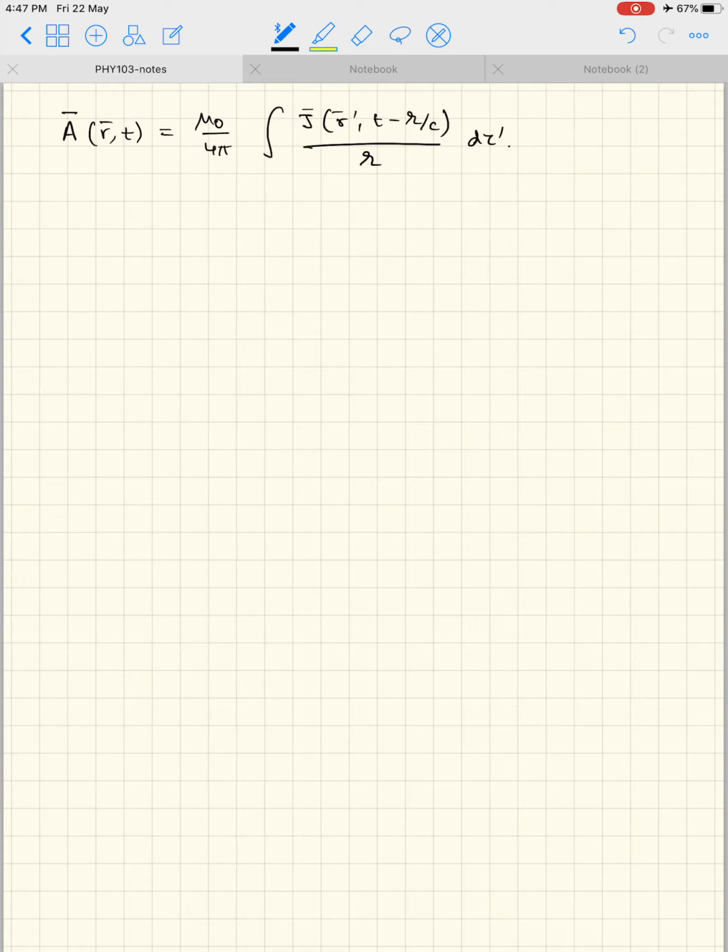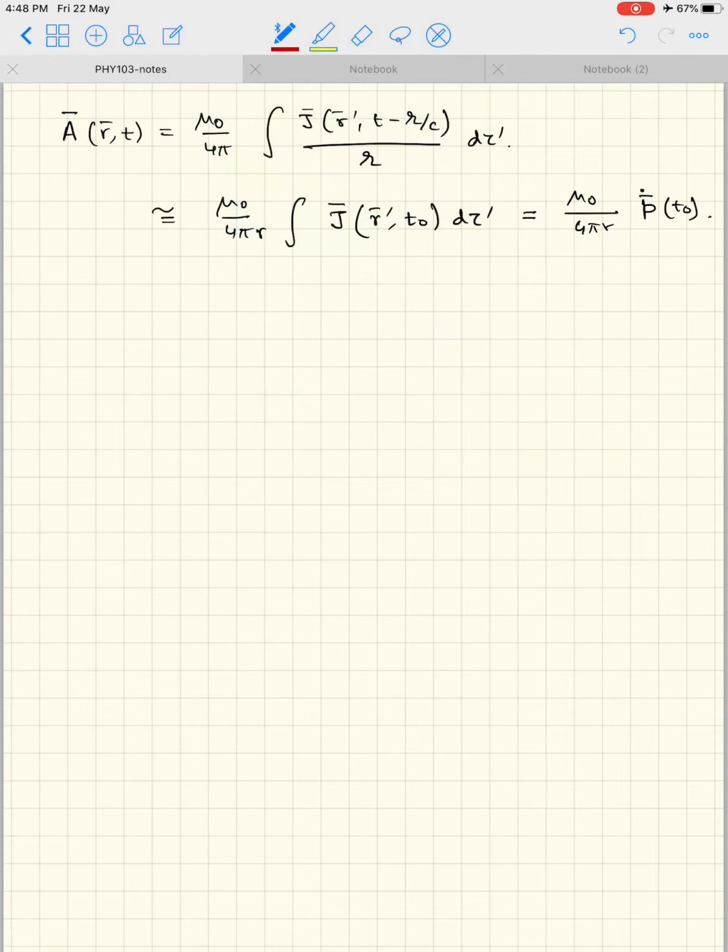So to first order in r primed, it just suffices to replace this curly r by r, and so this essentially becomes mu naught by 4 pi integral of J, you can replace this by r, and this is J of r primed, t naught d tau primed, which is nothing but mu naught over 4 pi r into p dot of t naught. Okay.